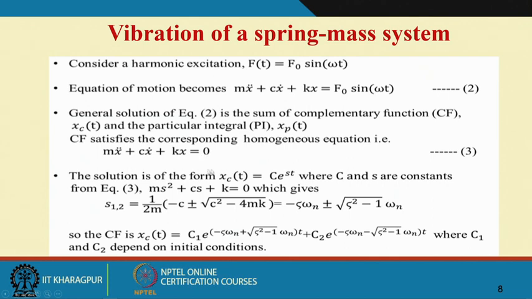So, we can find the solution where x c is equal to c e to the power s t, where c and s are constants, and if you plug it in, we will get the complementary solution like this: c 1 e to the power minus zeta omega n plus root of zeta square minus 1 omega n t, and so on, where c 1 and c 2 will depend on the initial conditions x naught and v naught, and thus we can find the complementary function solution to this differential equation.